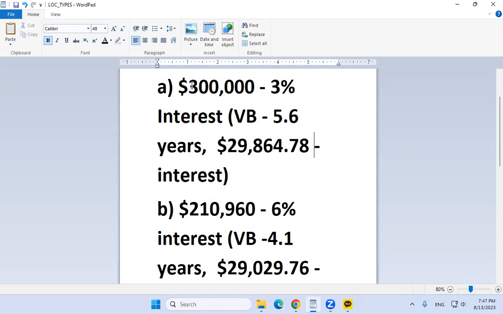The total we would pay in situation A is $329,000, because we have to add the purchase price and the interest, whereas in situation B it'd only be 210 plus 29, so about $240,000. So as you can see, would you rather pay $330,000 or $240,000? I would certainly pay the lower number.